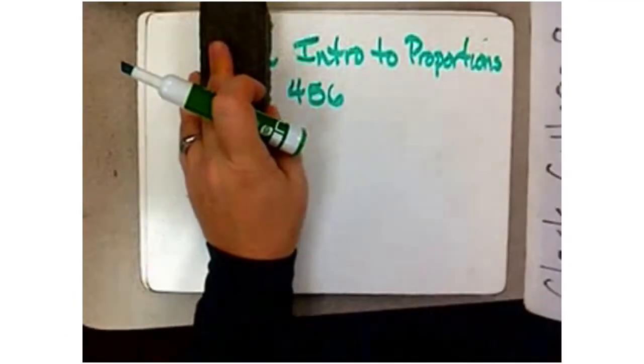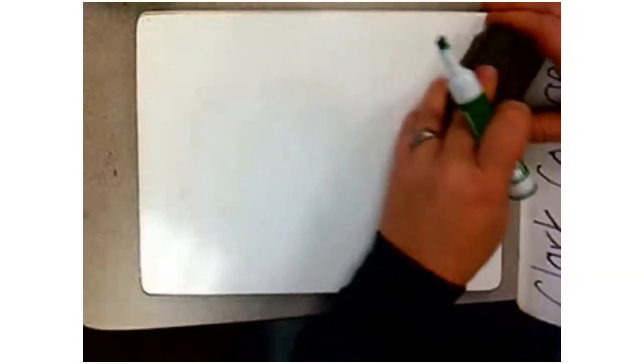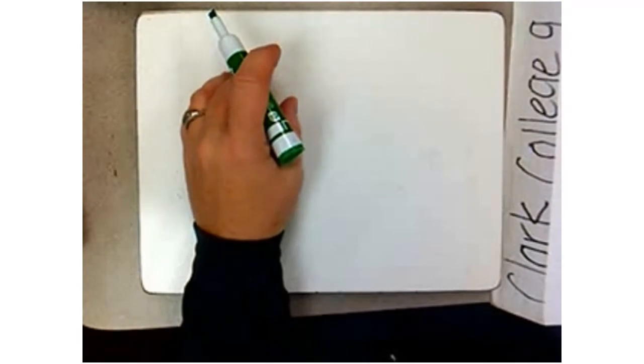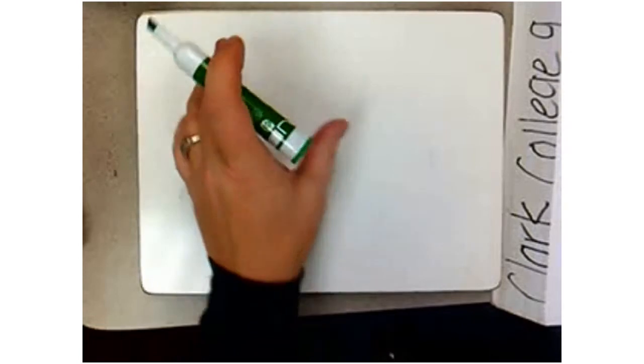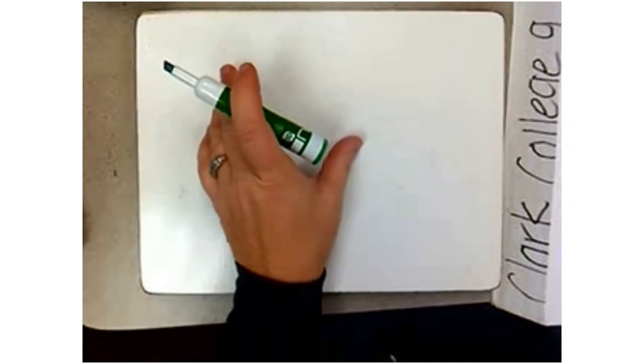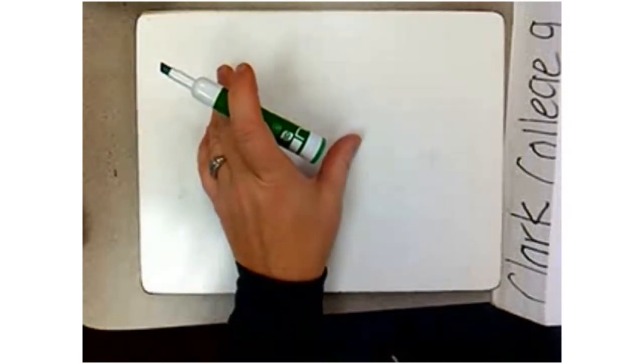So last section we discussed ratios and rates and simplifying them. And now we're going to take that concept of the ratio and rates and we're going to make them equal to each other and talk about how they're a proportion. And that just means that two rates or ratios are equal to each other.